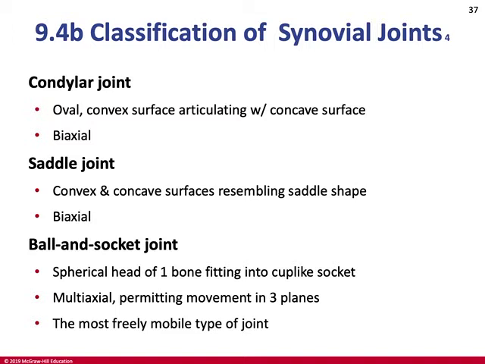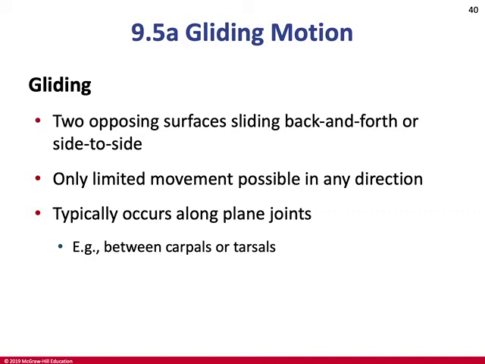Ball and socket joint, your shoulder and your hip, which is a round head fitting into a round depression. These are the most movable joints. They're multi-axial, and they're the most easily injured. Gliding joints are found again in the wrists and in the ankles, and they're also found in the vertebral column where the superior and inferior articular processes touch.